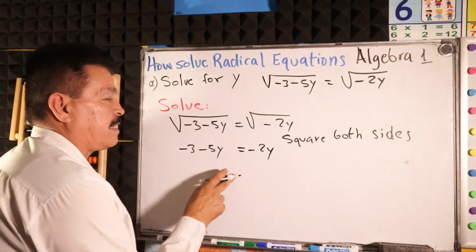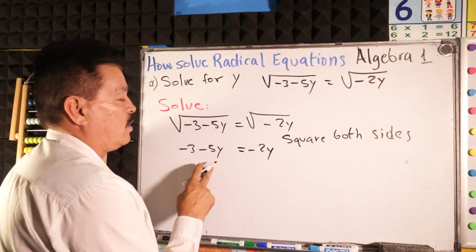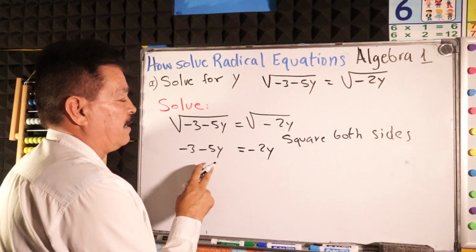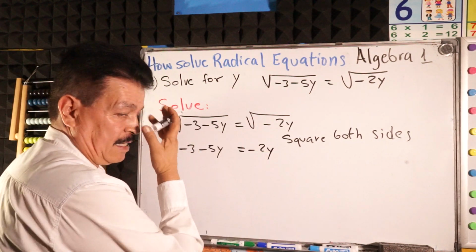Okay, next step, you have like terms here, this and this. You must move negative 5j to the side with negative 2j.